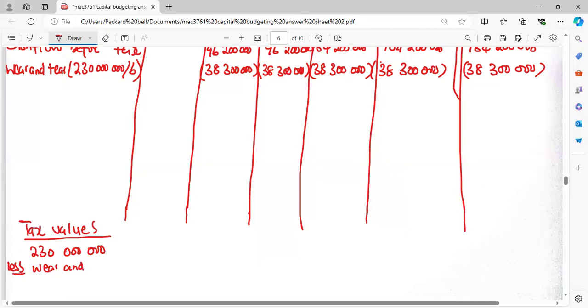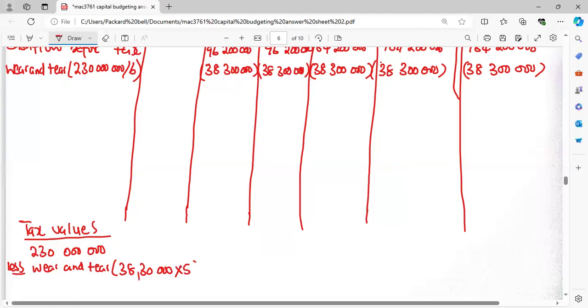What is our total wear and tear? It is 38,300,000 times 5 years.